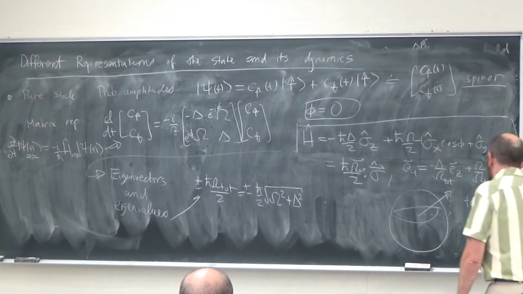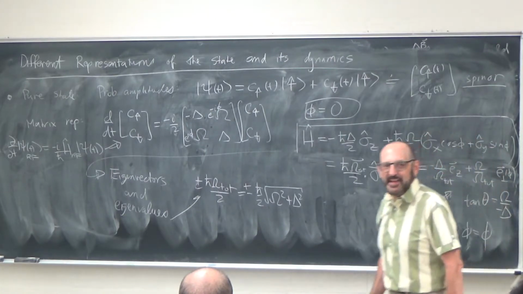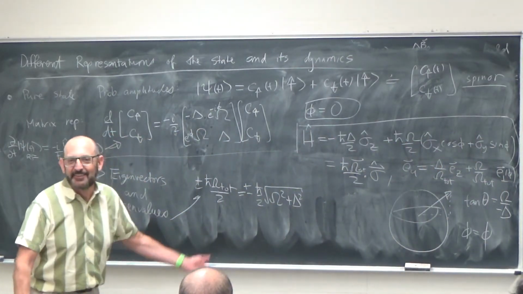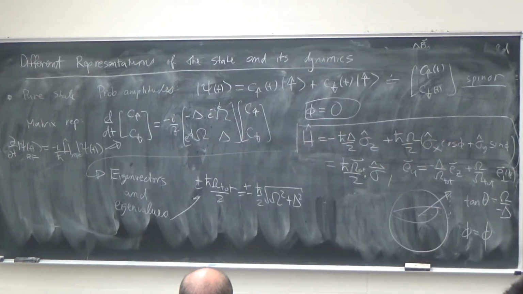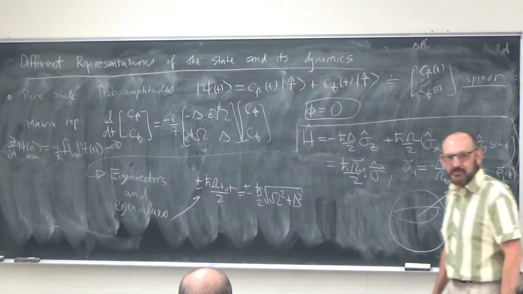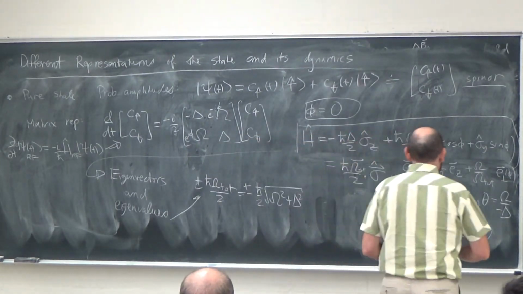And phi is phi, the phase. That's what my notation conditions are going to be, right? Because this is equal to that direction on the sphere, whatever that phi direction is.